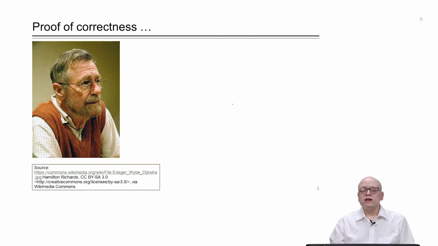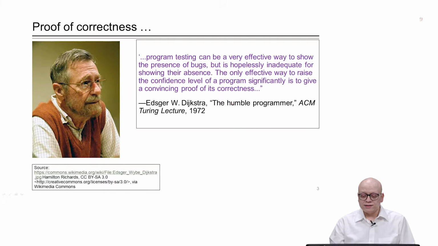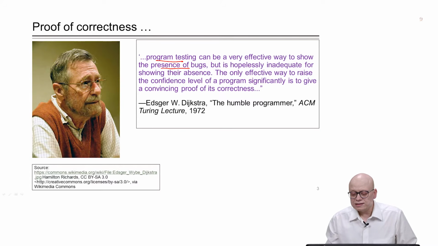Now, before moving to formal verification, let us look at a quotation from Dijkstra, and the statement is: program testing can be a very effective way to show the presence of bugs, but it is hopelessly inadequate for showing their absence.